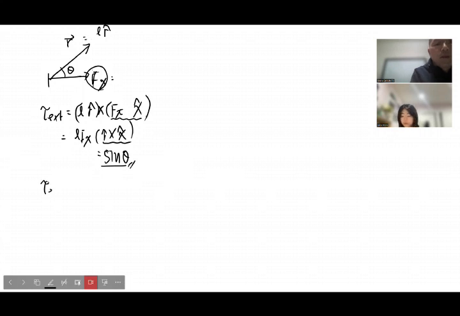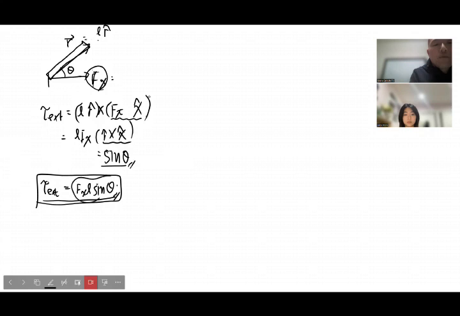So the net external torque is Fx L sine theta.